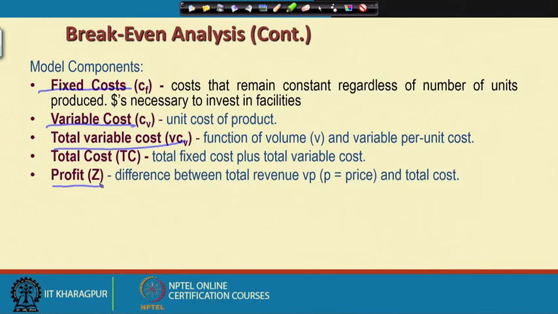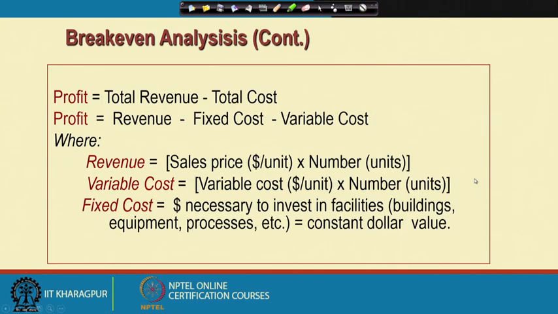We want to know how Excel can help us decide this particular point, and it can be generalized for other companies when we have a big spreadsheet environment. Accordingly, we can proceed. Profit is total revenue minus total cost, where total cost is the composition of fixed cost and variable cost.